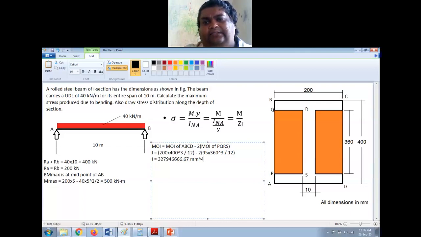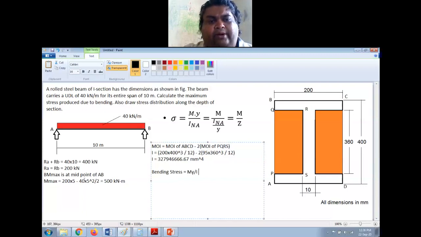Here he has not asked section modulus, so I can just write the bending equation as sigma is equal to My by I, right? So bending stress is equal to My by I. So I can directly substitute these values and I can find the bending stress.